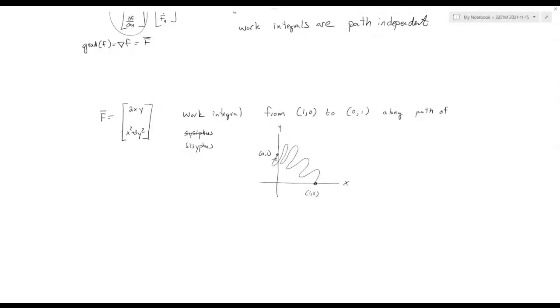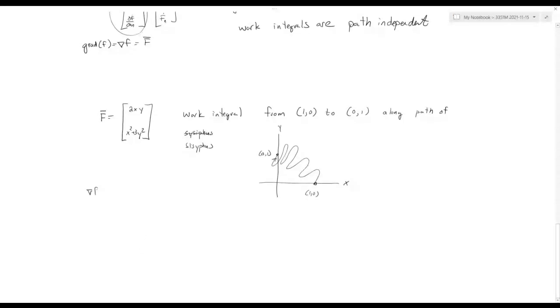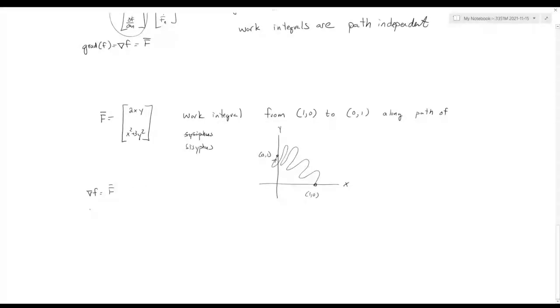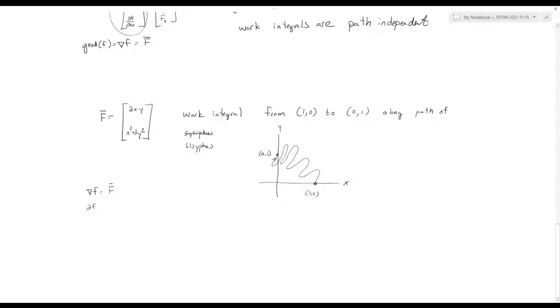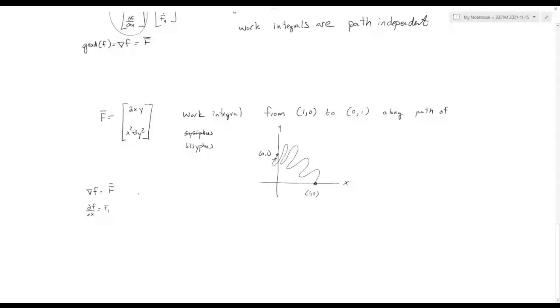Okay. Now, what you'd realize is that this vector field is born out of finding the gradient of some real valued function, the potential. So you can find what that would be because you realize that the derivative of f with respect to x has to give you F1, so 2xy.